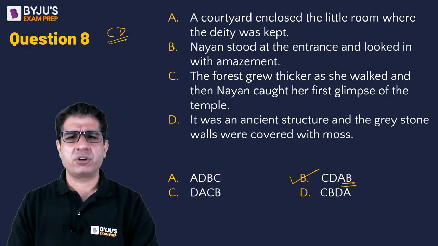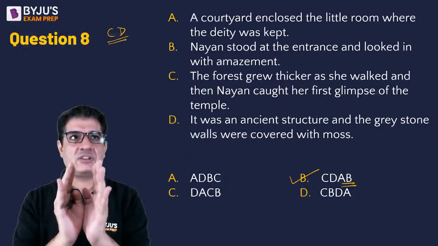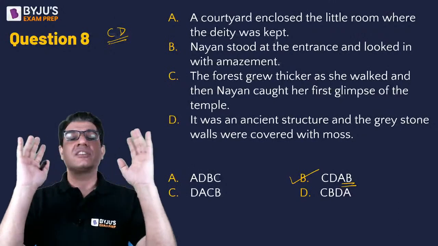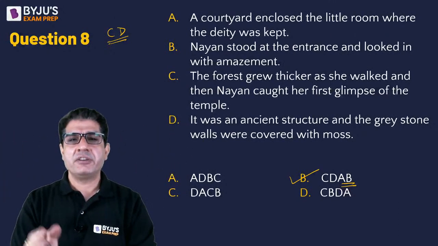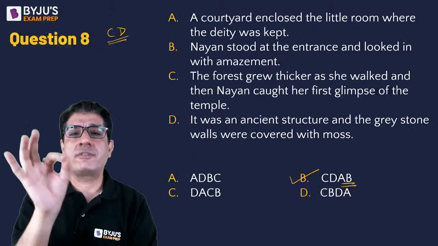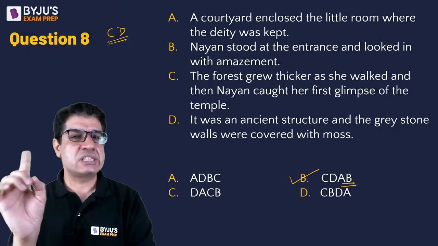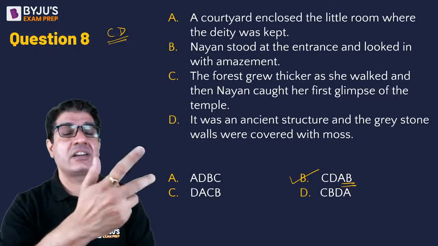Rajeshwari, I think I've already told you that when you look at a structure from a distance, you look at the structure in its entirety. If you're standing at the entrance of someone's house, will you be able to look at the entire structure? Will you be able to see the external walls? Will you be able to see that it is an ancient structure?